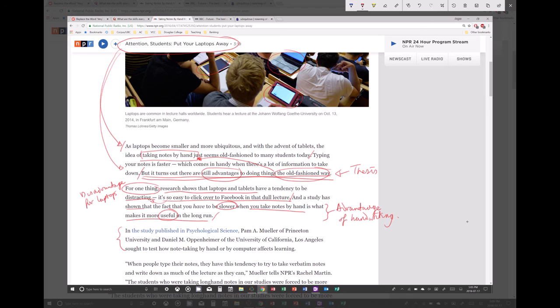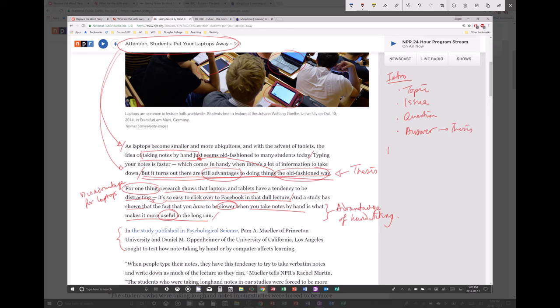So, for example, in your introduction, you would have your topic, and then you have the issue, and then you'd have some sort of big question, if there is one, but then you'll always have the answer to the big question. Should students put their laptops away? And then this is your thesis statement.